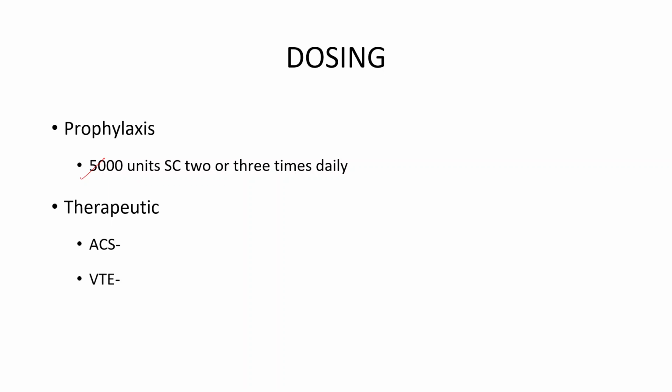So the therapeutic dose for acute coronary syndrome is around 5,000 units IV bolus, followed by 15 units per kg per hour.